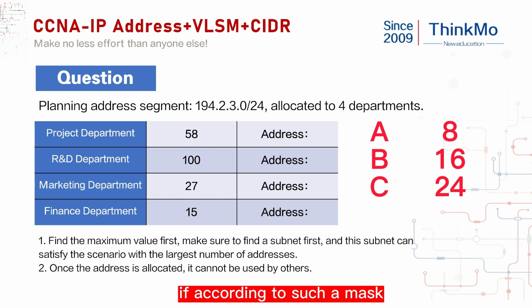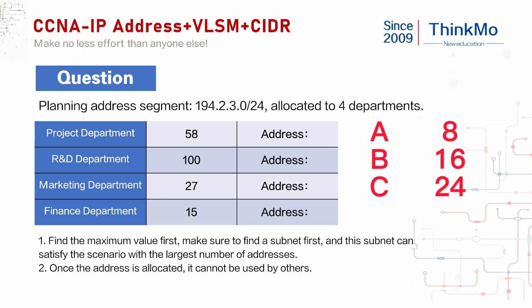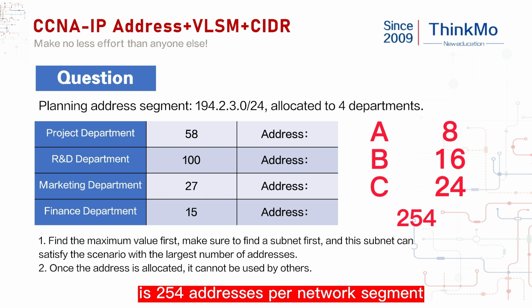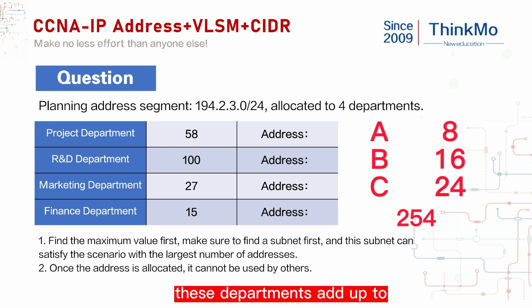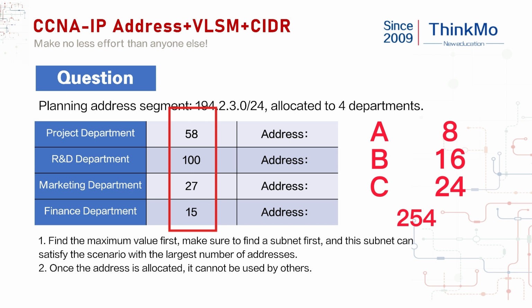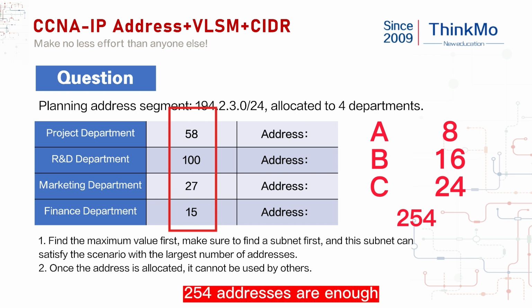If according to such a mask, Class C has only 8 host bits, then the default is 254 addresses per network segment. You will find these departments add up to 200 people in total, so 254 addresses are enough. That explains that if there is a Class C address, 200 people are enough.